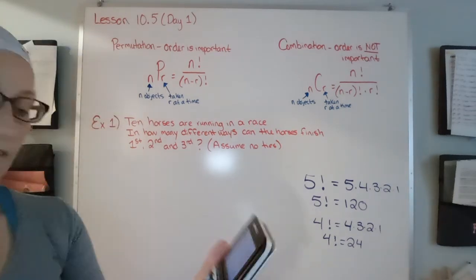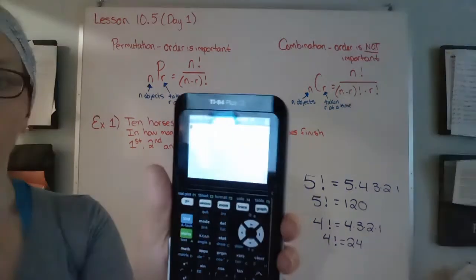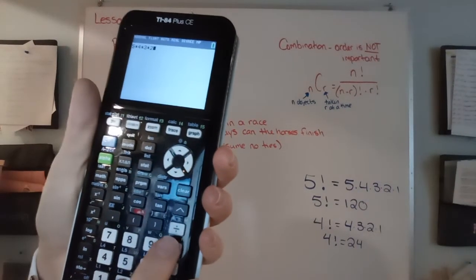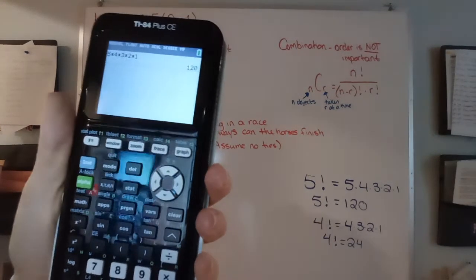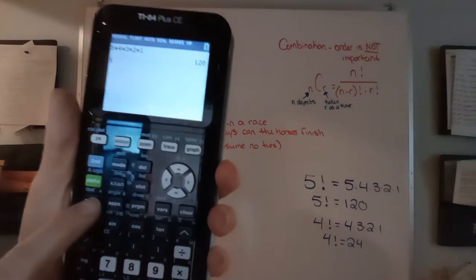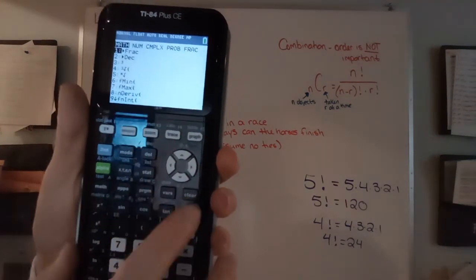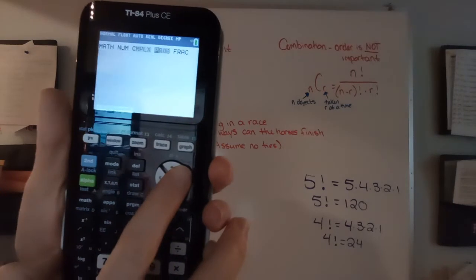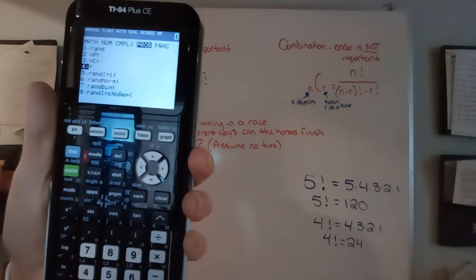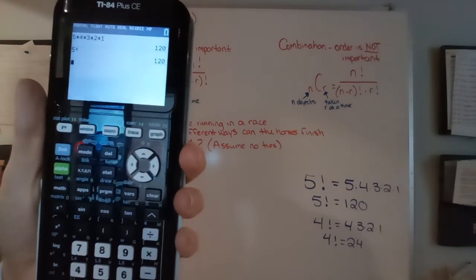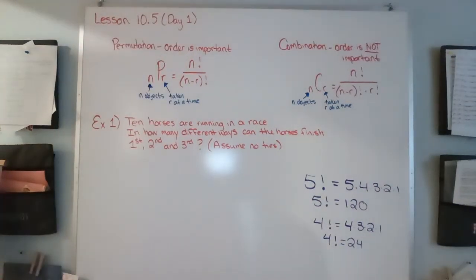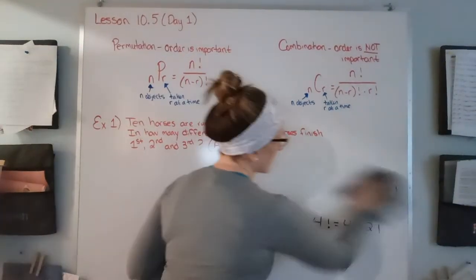So again, 5 factorial, knowing the notation, you can multiply 5 times 4 times 3 times 2 times 1 to see that it is 120. Or if you hit 5 and then hit the math button and scroll over to probability, and go down to the 4th option, or just push 4, 5 factorial is equal to 120. Okay, so that's important to know for the lesson today. All right, that was my little side note there.